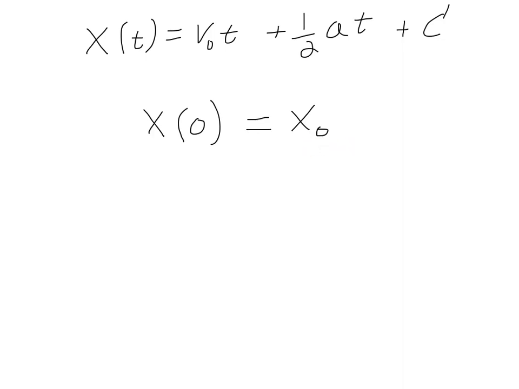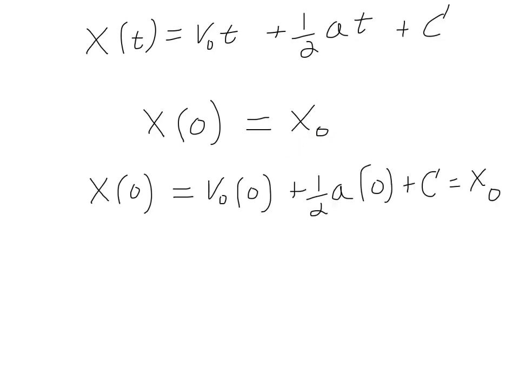So if we're given this extra information, this initial condition, or maybe it's a boundary value condition, we're going to plug in 0 for t and set x of t equal to x naught. So plugging in 0 here and 0 here and setting it equal to x naught gives us 0 plus c equals x naught, and so that tells us that c in fact does equal x naught.